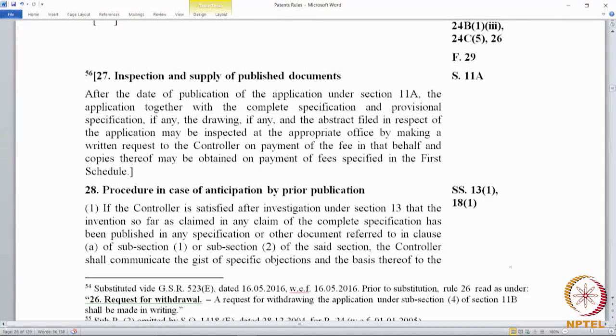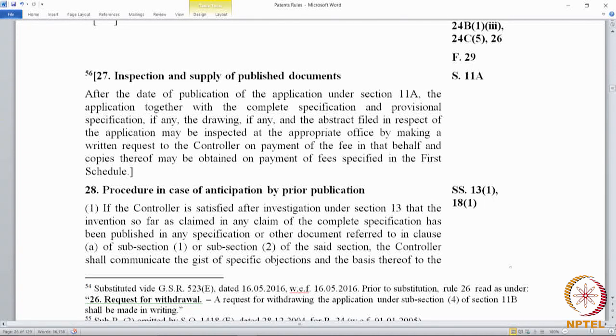Now, what are the consequences of publication? What happens if an application is published? That is mentioned in Rule 27. After the date of publication of an application under section 11A, the application together with the complete specification and provisional specification, if any, the drawing if any, and the abstract filed in respect of the application may be inspected at the appropriate office by making a written request to the controller on payment of a fee in that behalf, and copies thereof may be obtained on payment of fees specified in the first schedule.